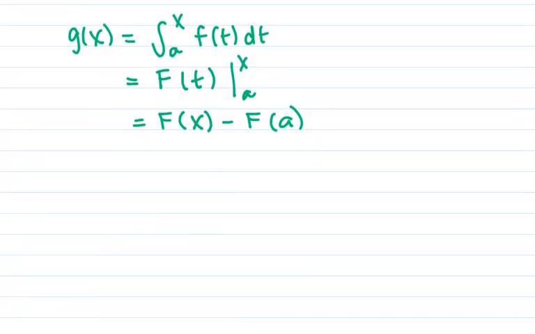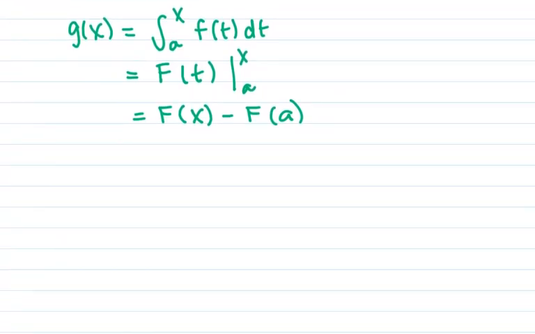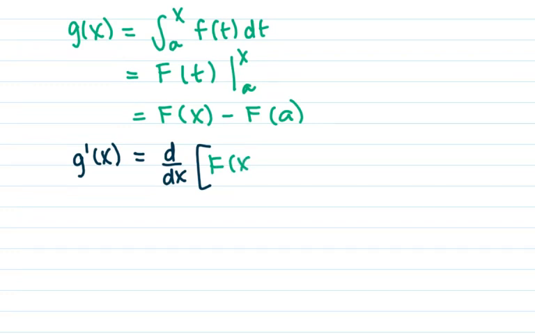So now we want to derive it. So if we're finding g prime of x, that means we're finding the derivative with respect to x of the antiderivative of the function at x minus the antiderivative of the function at a. So I'm going to plug that in here. All right.